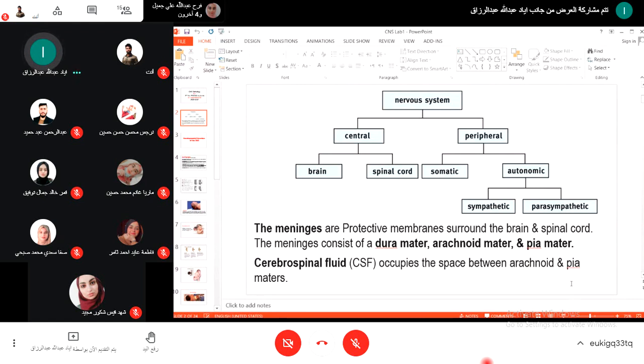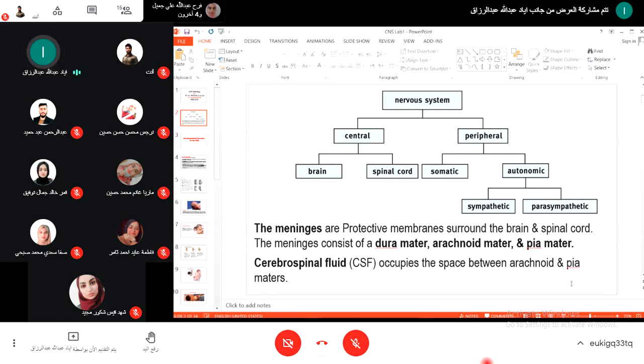Both are covered by protective membranes called the meninges. The meninges are the dura mater, the arachnoid, and the pia mater. The dura, the tough mother, is external, the arachnoid is in the middle, and proximal is the pia mater.